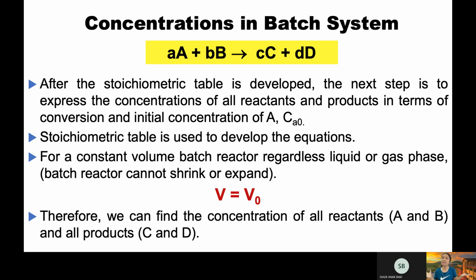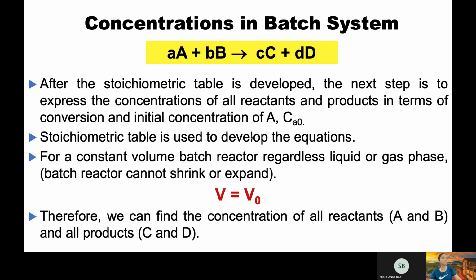Tetapi kalau gas, dia tak sama. Untuk gas, inlet-outlet volumetric flow rate is no longer equal. Because of that understanding, concentration tu kita kena express berlainan. Tapi tu untuk flow lah. Tapi untuk batch, sebab kita menggunakan assumption volume, kalau flow mesti per time, sebab tu volume per time. Kalau batch is just volume. So sebab volume tu takkan berubah, sebab tu liquid atau gas kita express sama.